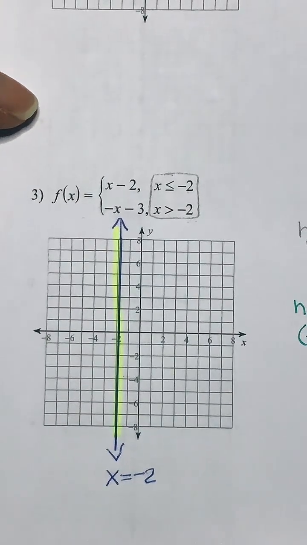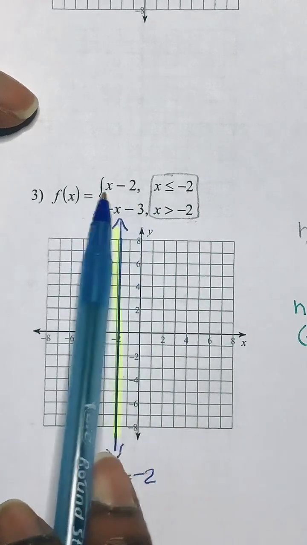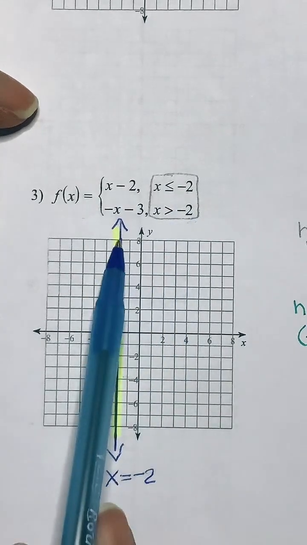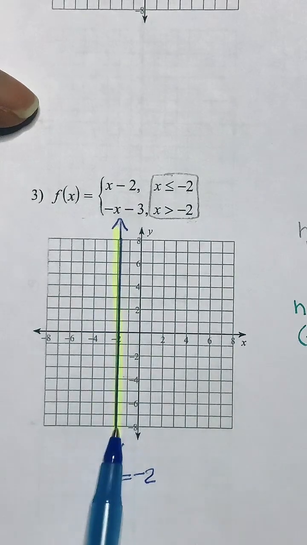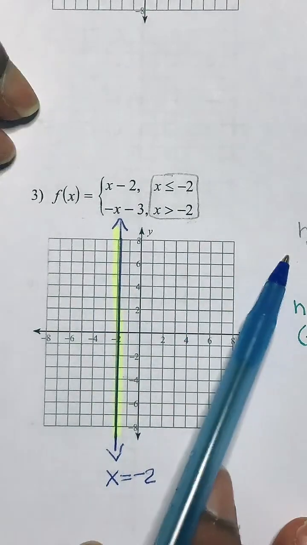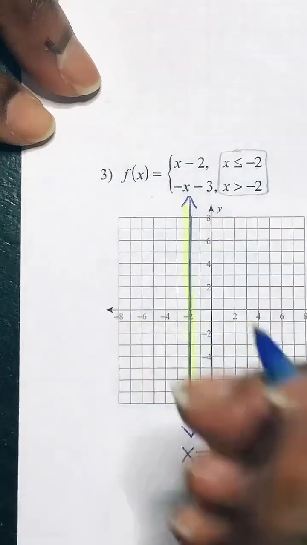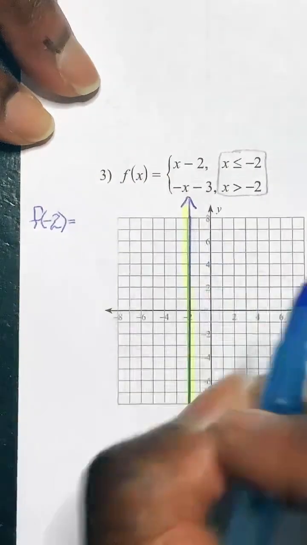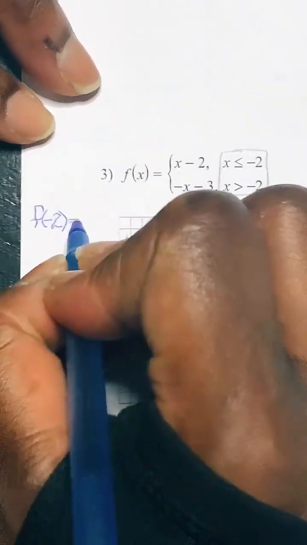So now we're going to look at that first expression. We're going to use the -2 because we want to know where on that boundary line I should put my point. So we have f of -2, and I'm going to substitute the -2 for the x.